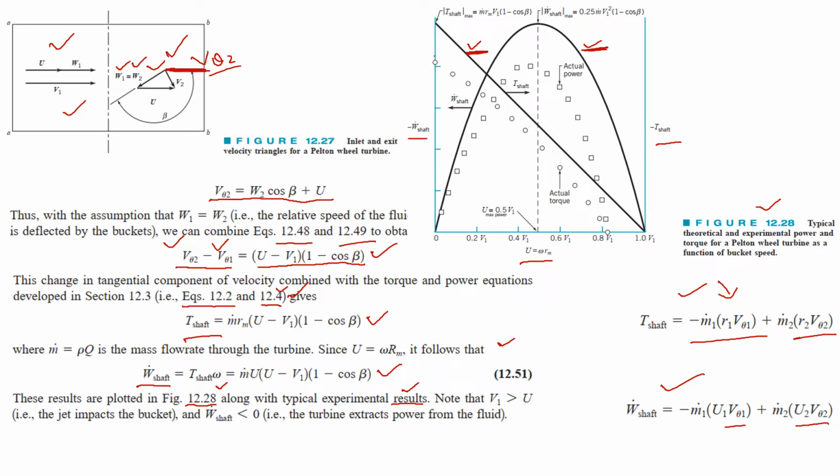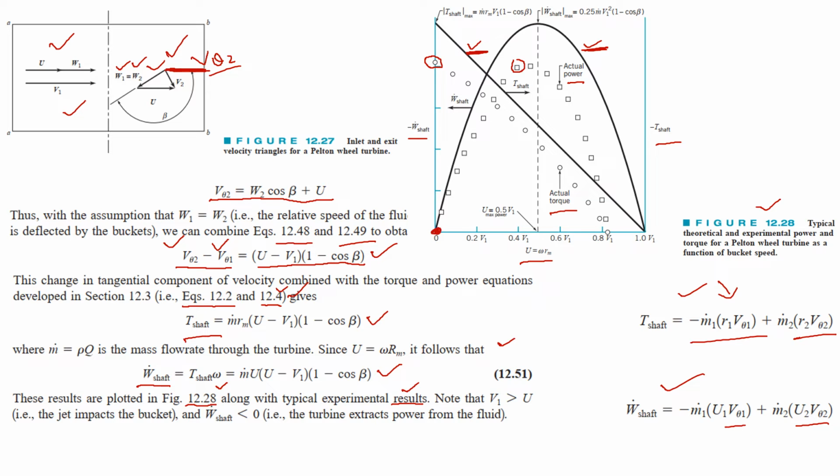Then we have these bars in which we get the experimentally measured actual torque and the actual power. So here we have different scenarios at zero speed.